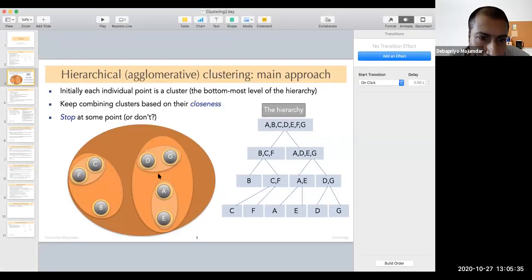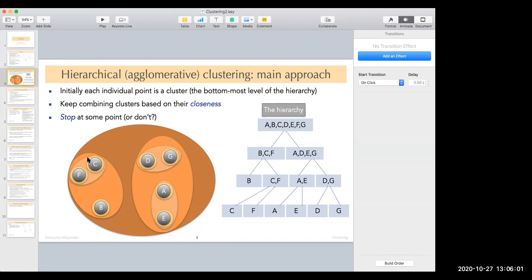So here, at some point, we combined this cluster CF with B, and we did not combine AE with DG at that point because we thought this centroid and this centroid are far apart. However, you see that A is quite close to D or G, whereas B is not so close to C or F, right? So in this approach, we would have combined this earlier than this. All right, so this is one possibility.